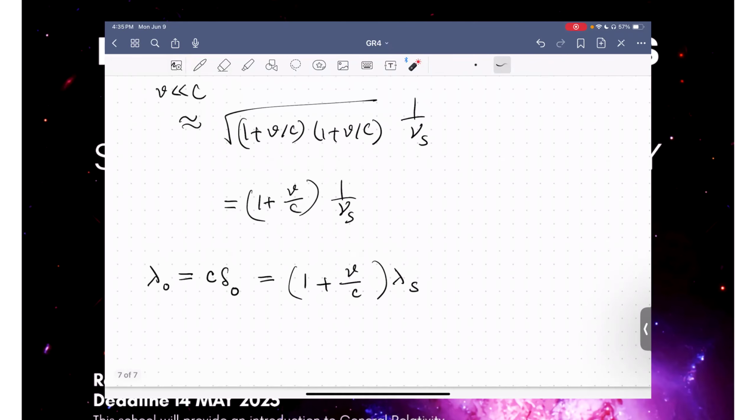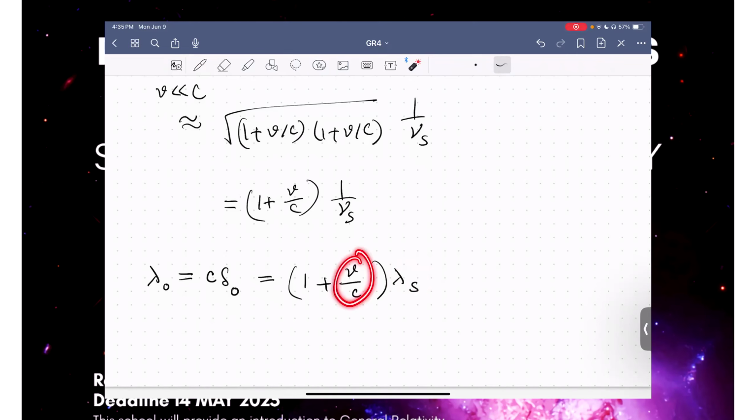So here you can see what the Doppler effect does. It says that if light is being emitted at a source at a wavelength lambda s, and an observer at the time when it is receiving the signal is moving away from the source at a velocity v, then the wavelength perceived by the observer is slightly larger than the original wavelength.